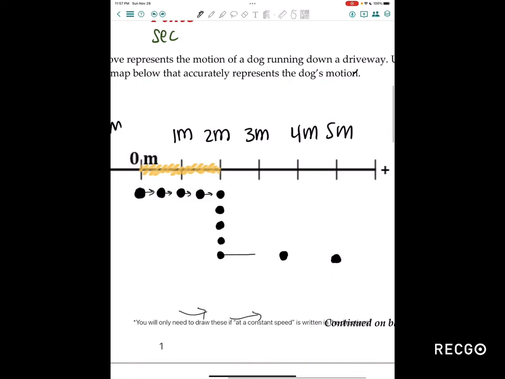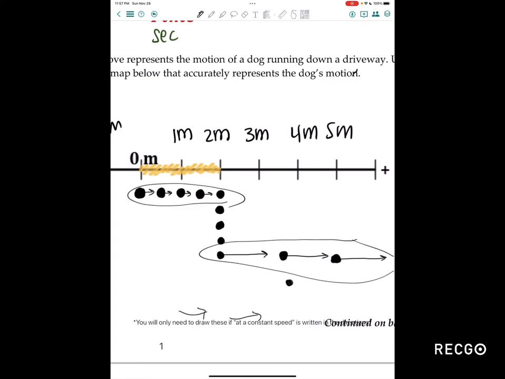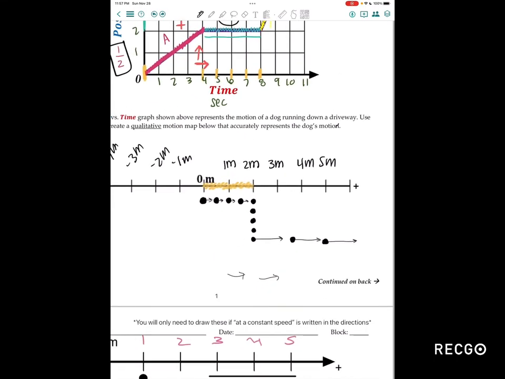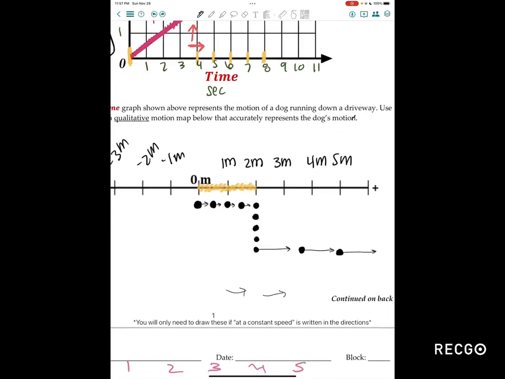And make sure your arrows are relatively the same size per line, because you don't want to have an arrow like this and an arrow like that for over here, because that just wouldn't really make much sense. So here we go. That is how we do that.